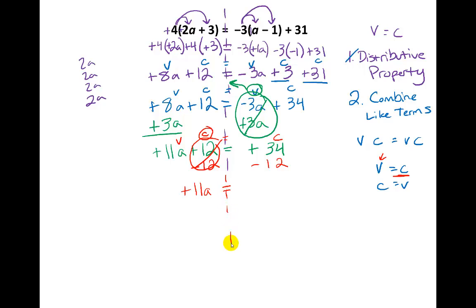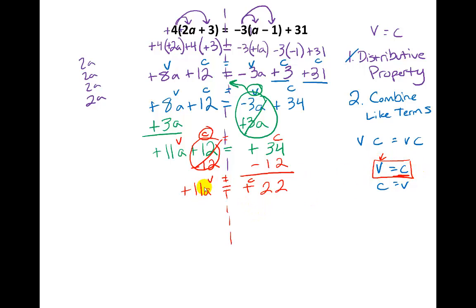That's equal to, I have $34, I'm giving $12 away, I'm going to subtract, I have 2 and 2, I have more than I'm giving away, so it's still a positive. I now have a variable is equal to a constant. That is what I needed.